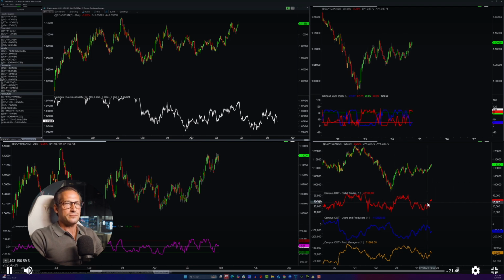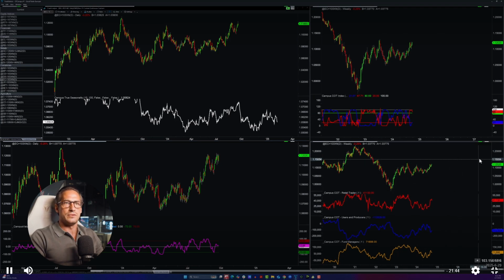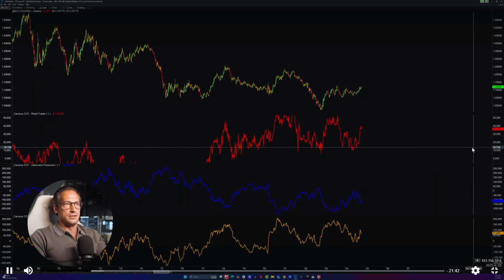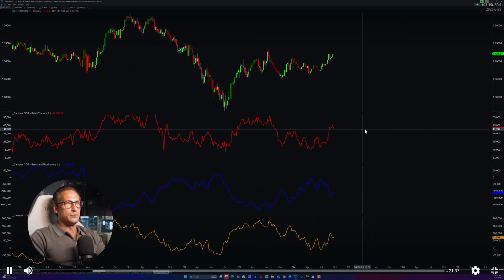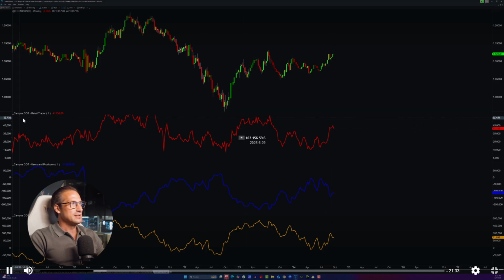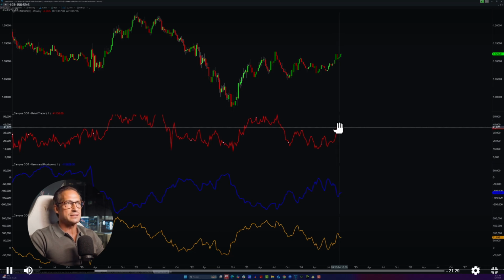Now, what I want to show you now, and for that we do full screen, the euro dollar here on the weekly chart. And what we can see here, we're looking at the COT net indicator, not the index. And for currencies, I'm really interested in what the retail traders are doing.